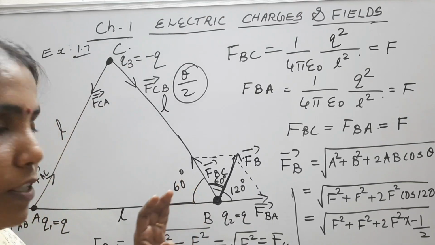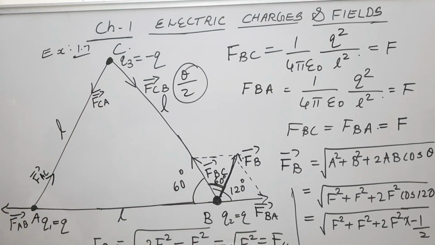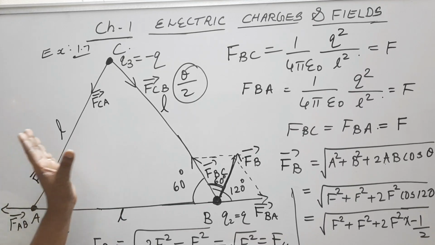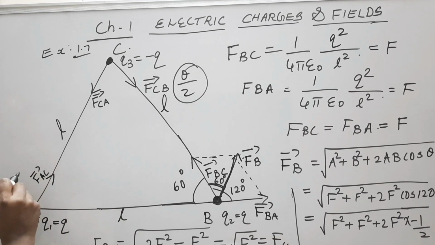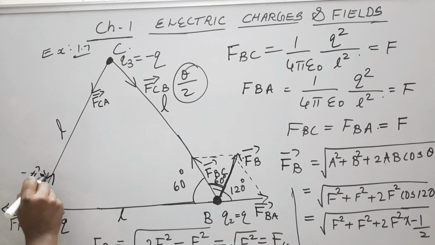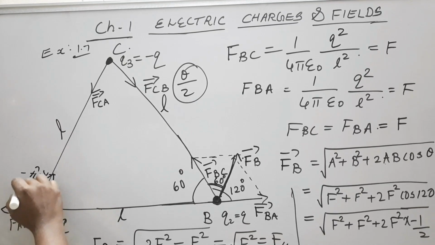Okay, so one part is over. In the same way, we have to proceed in the case of the charge at A. Both A and B are in a similar position, so the forces are acting on the charges at A and B in an identical way. Here the resultant force you will get by completing the parallelogram and drawing the diagonal.